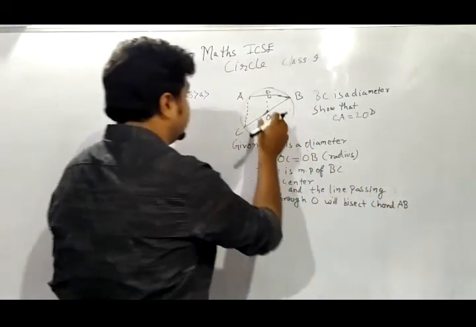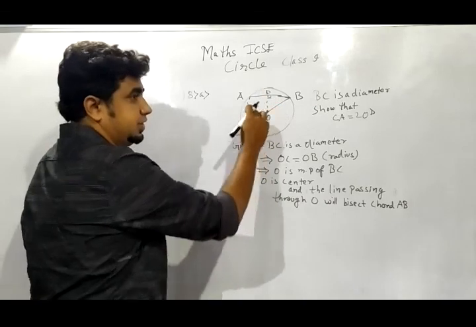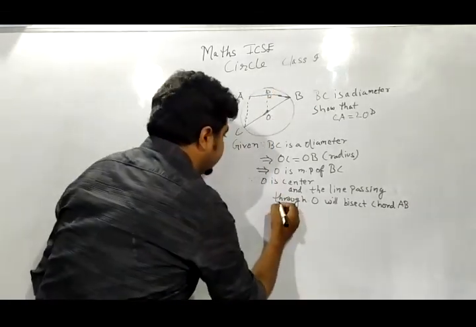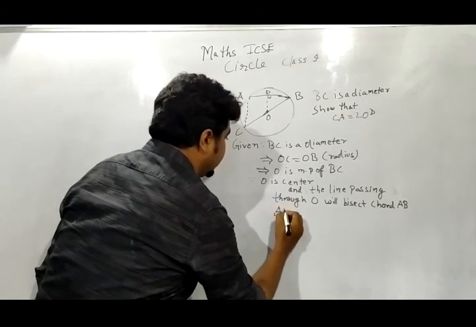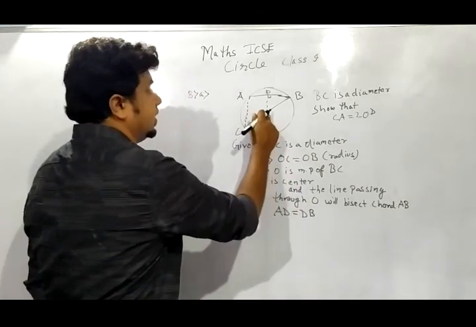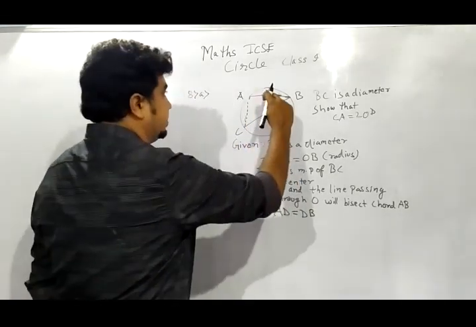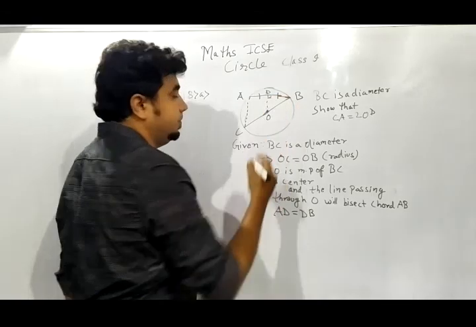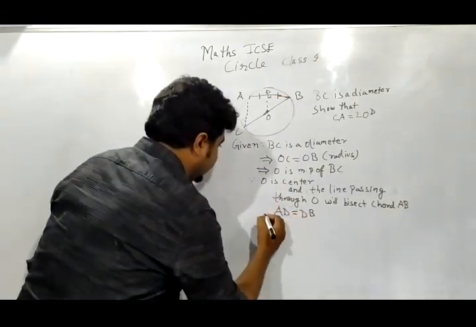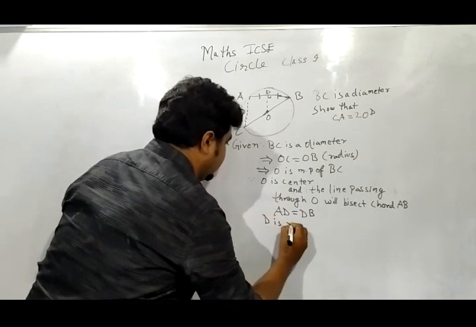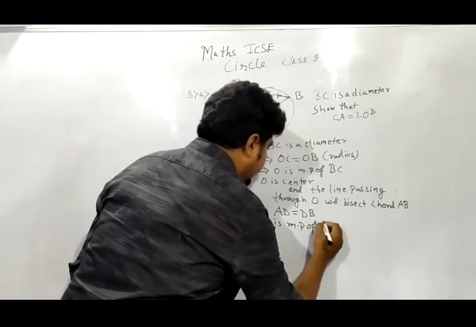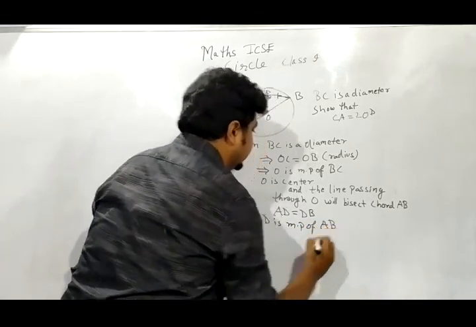This is the statement we know: the line passing through the center bisects the chord. That implies AD will be equal to DB, because this is the line passing through the center, perpendicular, and bisecting the chord. So from here we are getting AD equal to DB, and D is the midpoint of AB.